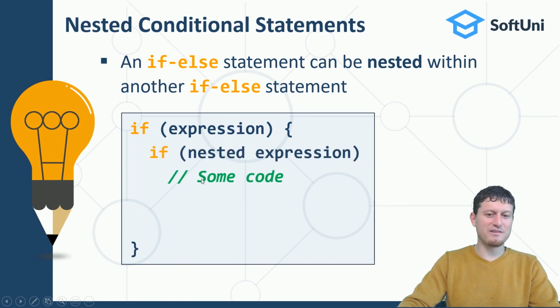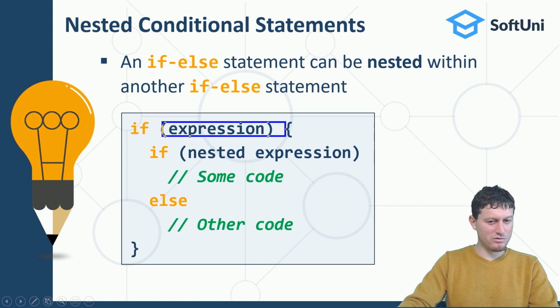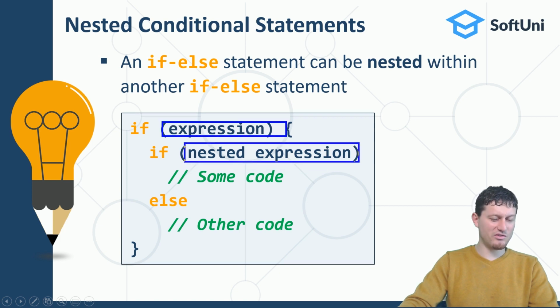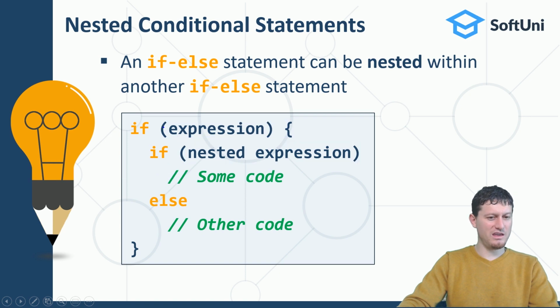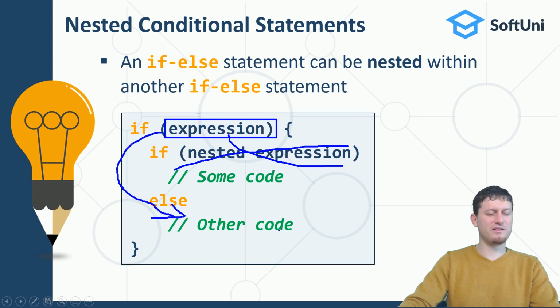In the block we have if some nested expression, do something, otherwise do something else. So if this is true and at the same time this is also true, this code will be executed. If this is true but this is not true, this code will be executed.